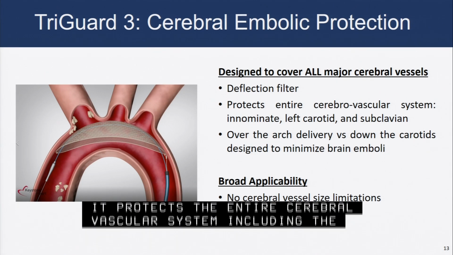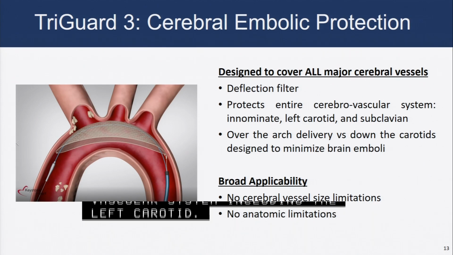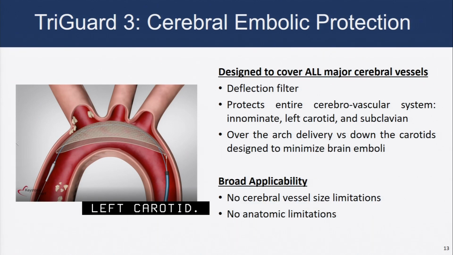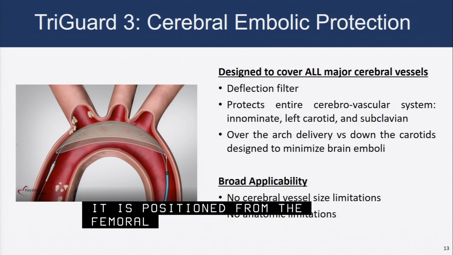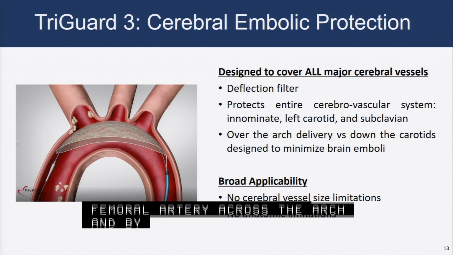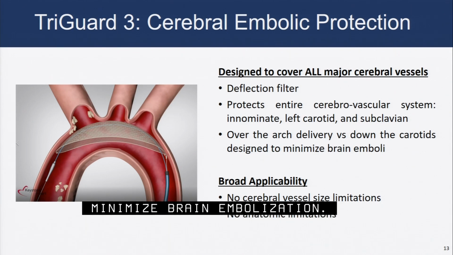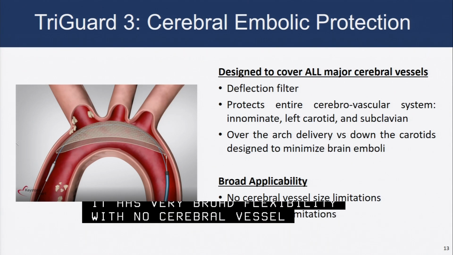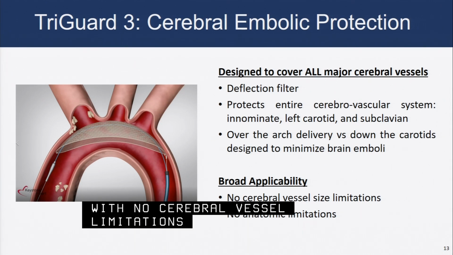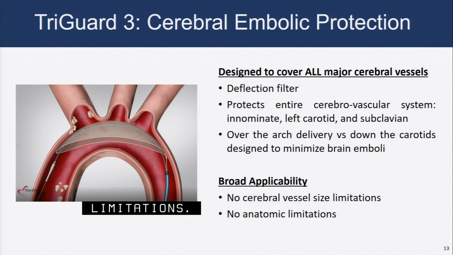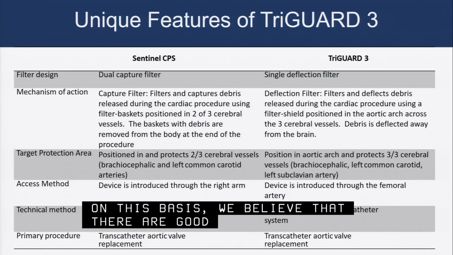It's positioned from the femoral artery across the arch, and by design is intended to minimize brain embolization. It has very broad applicability with no cerebral vessel limitations and no anatomic limitations. On this basis, we believe that there are good reasons for potentially different outcomes between the 2 devices.